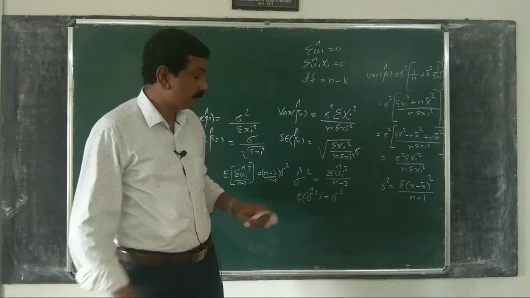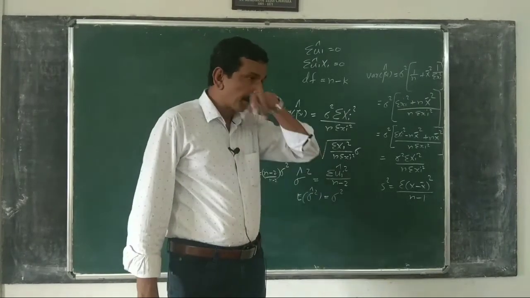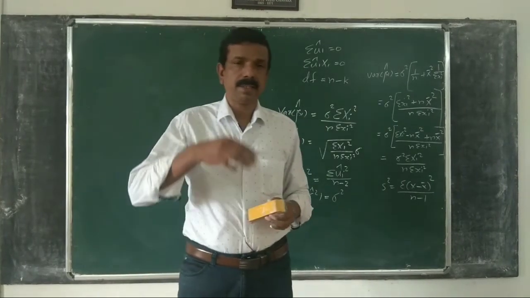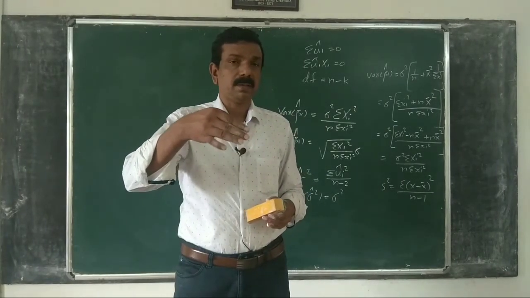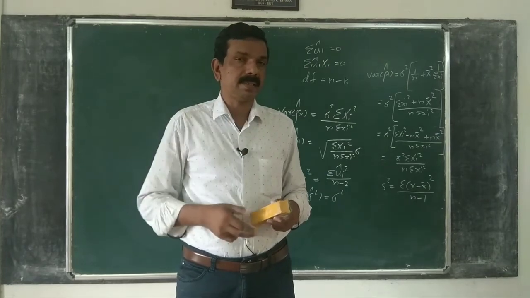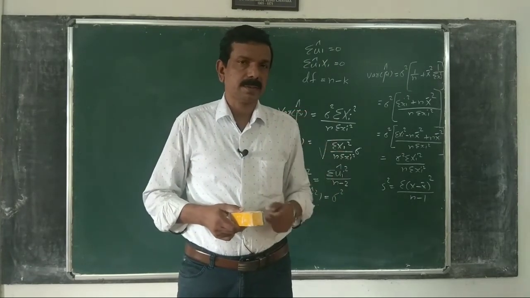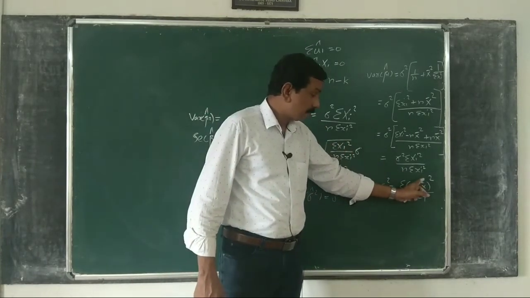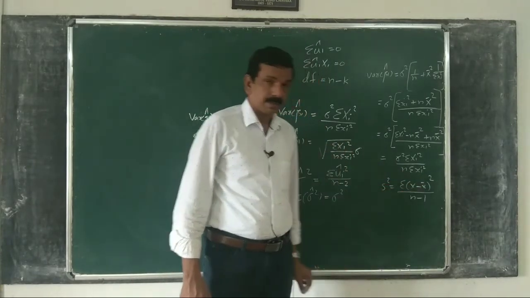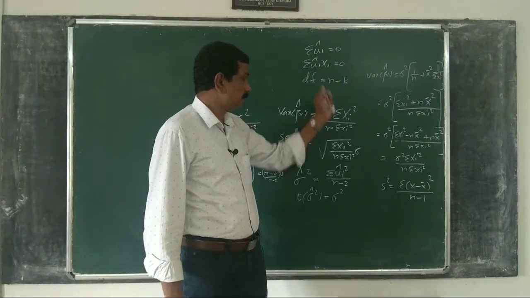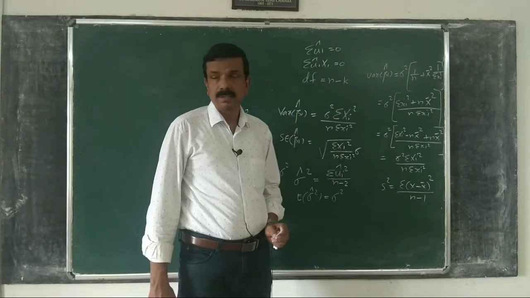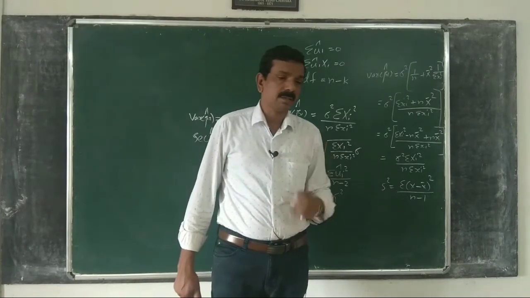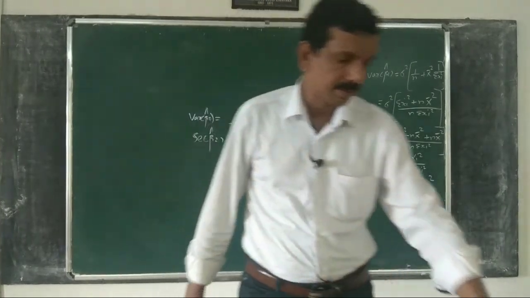N minus 2 is known as the degrees of freedom, which is nothing but the number of independent variables less the number of independent constraints imposed on these variables. One constraint is imposed when only one quantity is estimated. Two constraints are imposed when two quantities are estimated. K constraints are imposed when k quantities are estimated, like that.